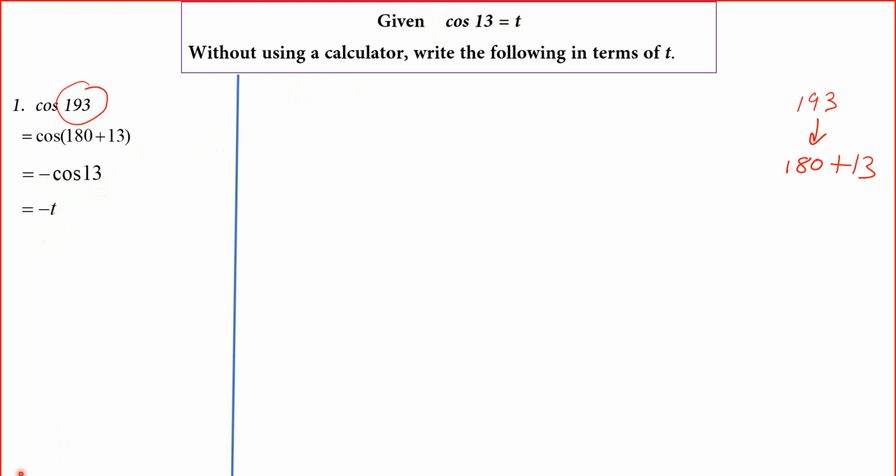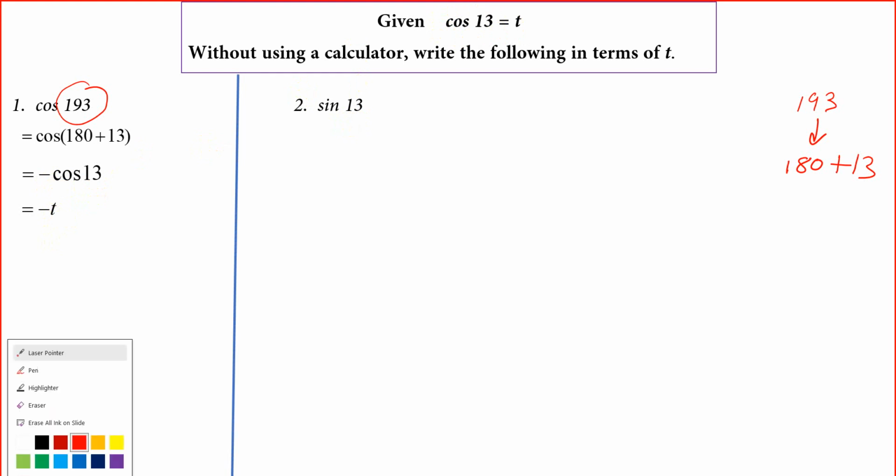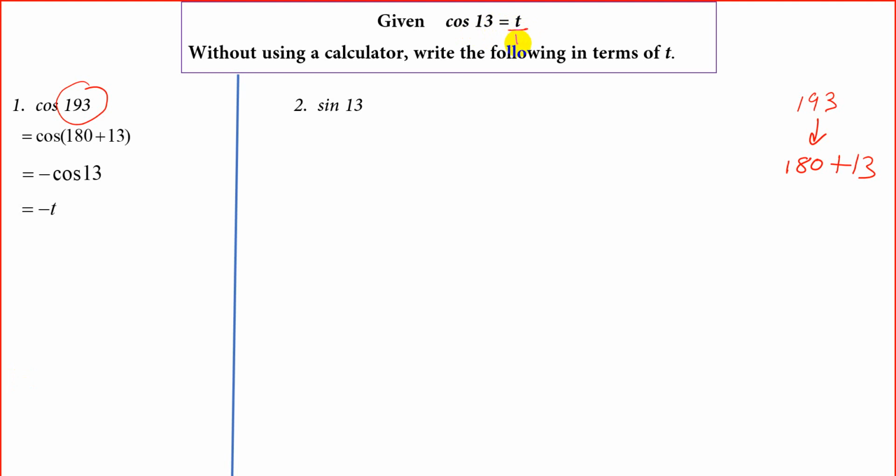Okay, we're going to go on to a more challenging question. We now want to find sine 13. What you've got to remember here is if cos 13 is t, as a fraction that's t over 1. And by definition, cos represents x over r, and sine 13 is y over r.